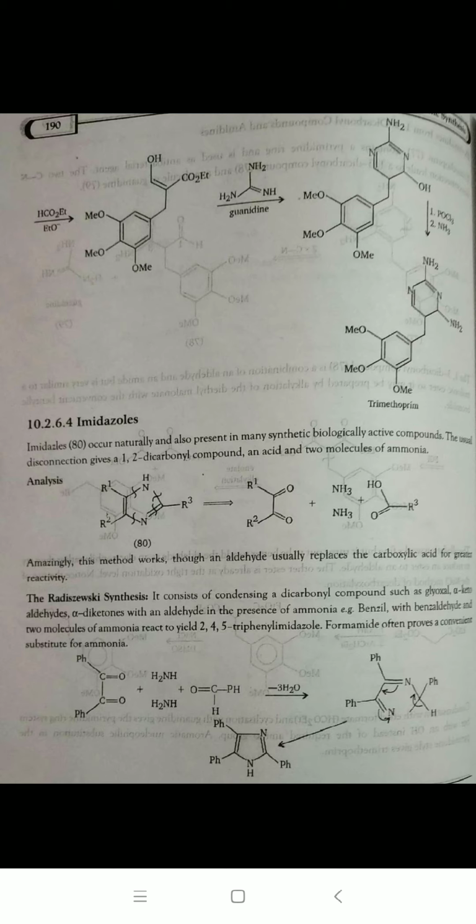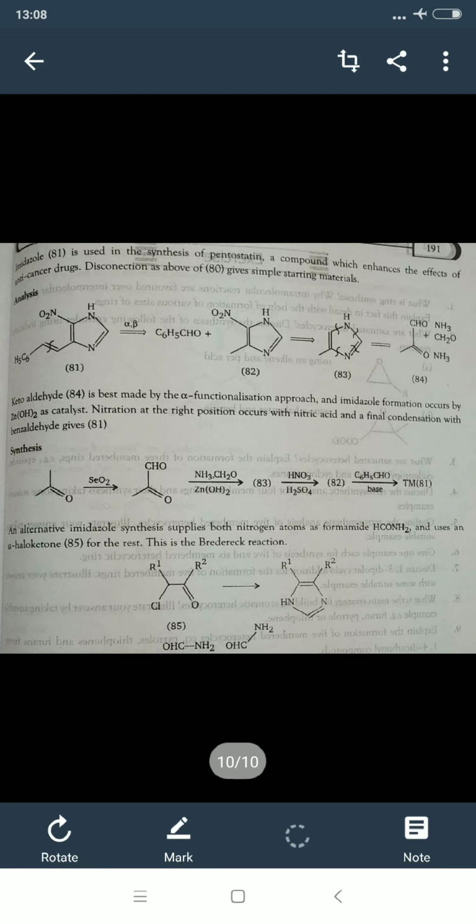The imidazole formation occurs with zinc hydroxide, and nitration at the right position occurs with nitric acid, and a final condensation with benzaldehyde gives us 81.